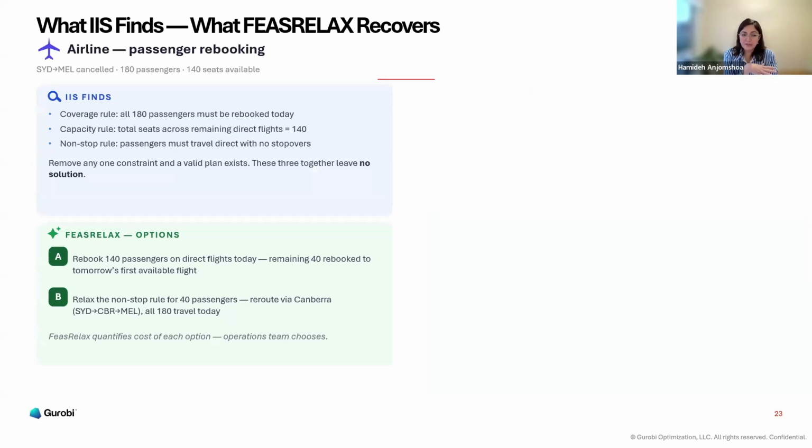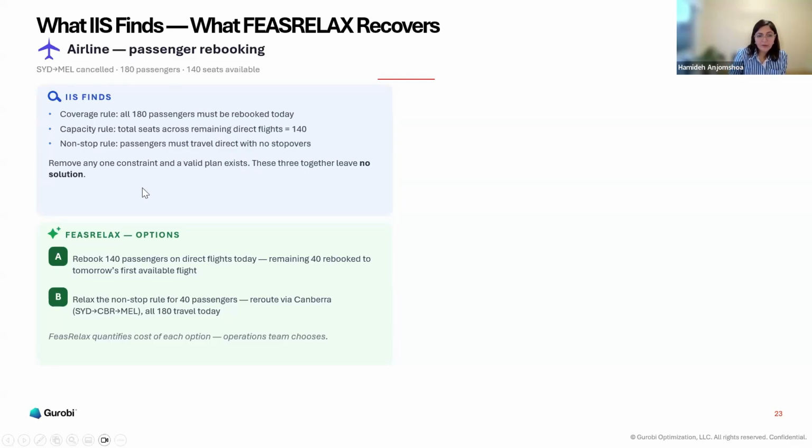The next example that we discussed earlier in the talk was about the airline. IIS came back and said these three rules were not satisfied. We had an airline canceled, 180 passengers, and we had only 140 seats available. These were the rules: we have to send them everything today, we cannot exceed capacity, and there are no stop rules.